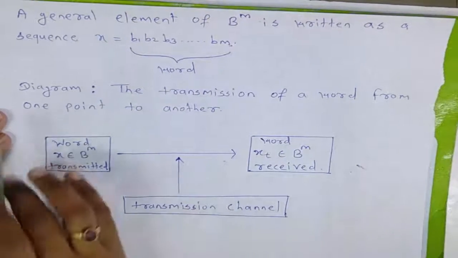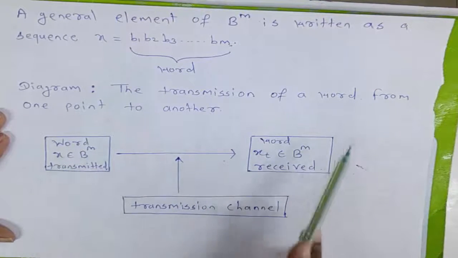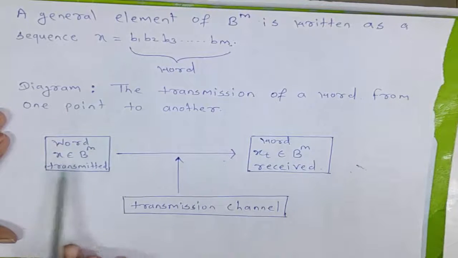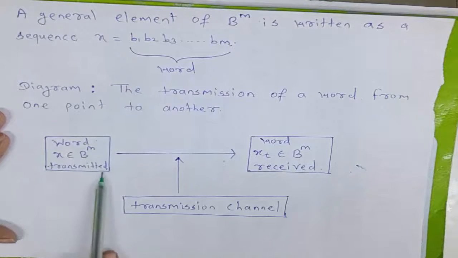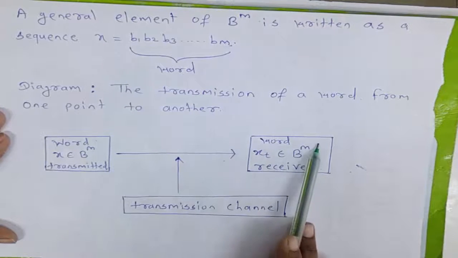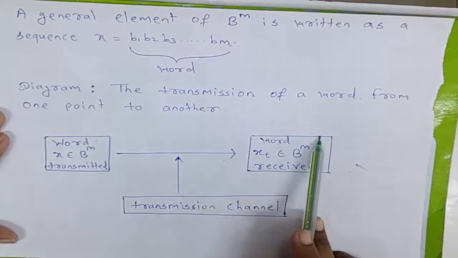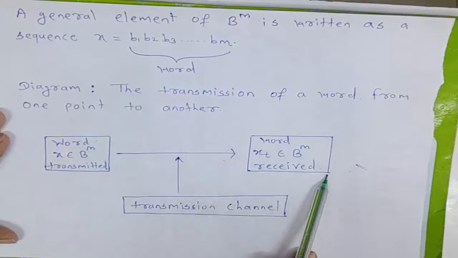Okay, so this is the diagram for the transmission of a word from one point to another. So the word x belongs to B raised to m is transmitted. This is the transmission channel, and we get the received word xt belongs to B raised to m. This is the received word.